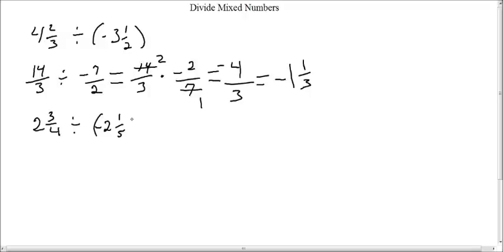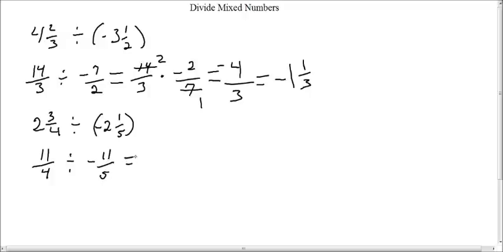Okay, so what we're going to do here is, again, we're going to change both into improper fractions. 4 times 2 is 8 plus 3 is 11 over 4, and that's going to be divided by 5 times 2 is 10, and that's a negative, plus 1 is a -11 over 5.